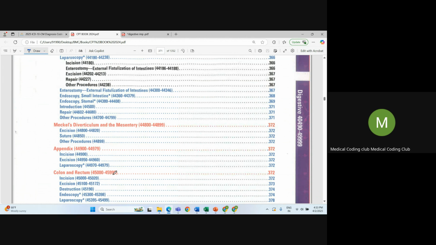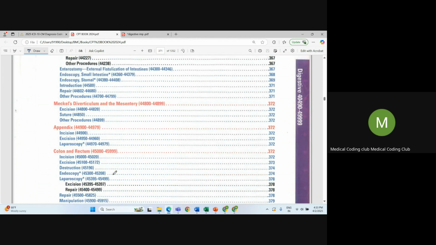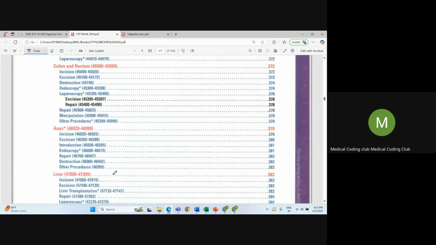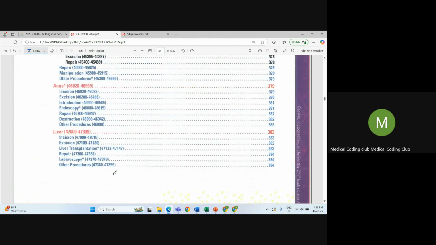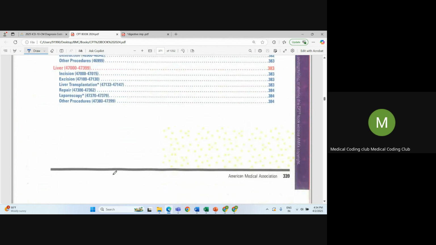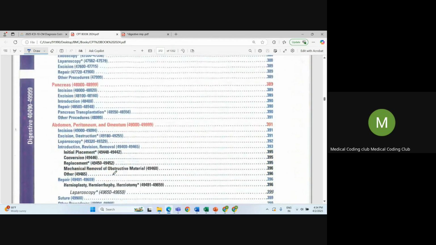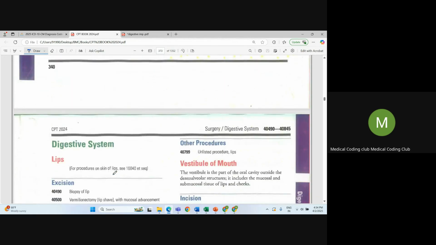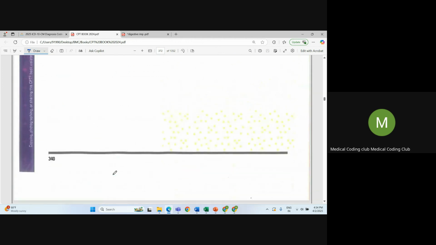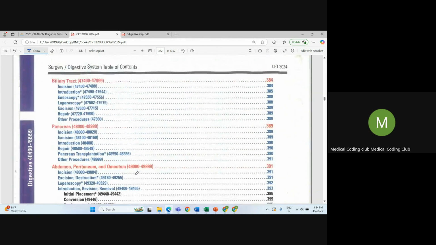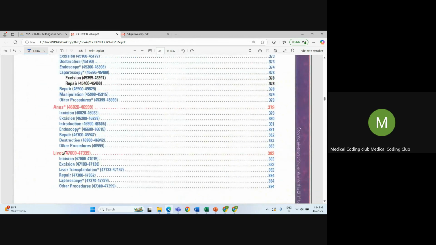Check whether it is a rigid scope or flexible scope, and all the scopy will utilize techniques such as hot biopsy technique and snare technique. You have to be familiar with the techniques also, and what kind of scopy they are utilizing to find the abnormalities. From liver, check for liver incision and excision also.